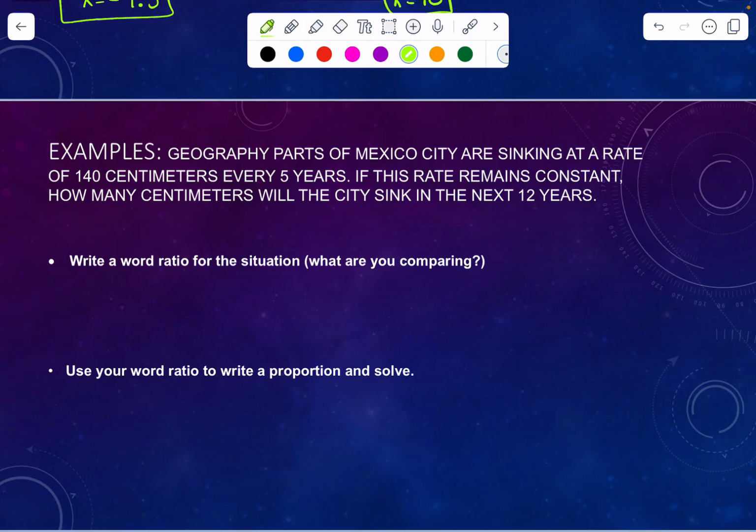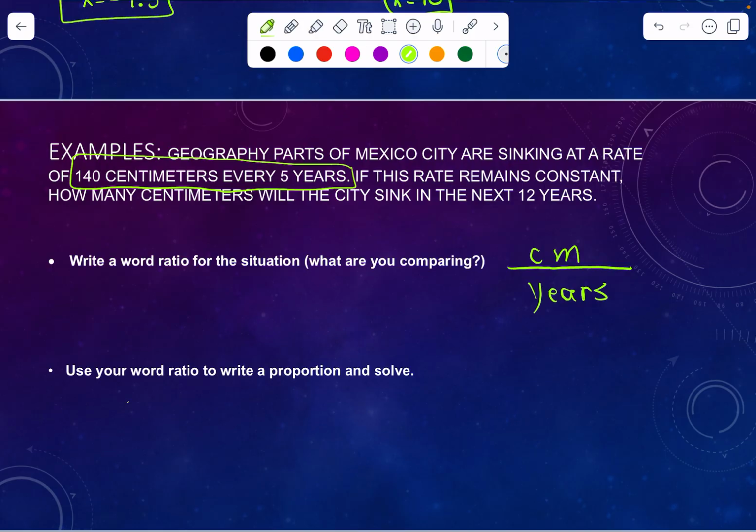It says that some parts of Mexico City are sinking at a rate of 140 centimeters for every 5 years. So we're talking about centimeters to years. We want to build our proportion out of that ratio.